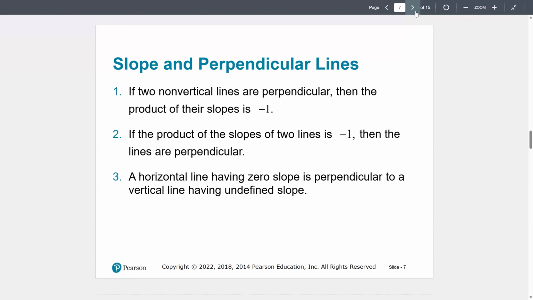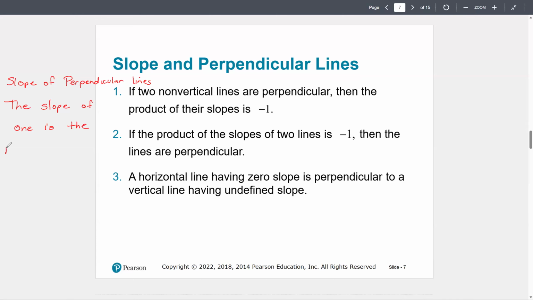All right, so two non-vertical lines are perpendicular when the product of their slopes is -1. There's another way to say this: the slope of perpendicular lines, the slope of one is the negative reciprocal of the other.